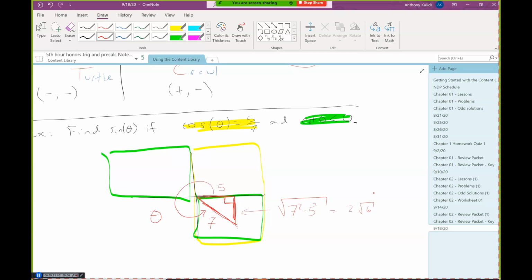I had 5 squared plus b squared equals 7 squared, and I subtracted the 5 squared over and square rooted. I just didn't show the work for that. But because we're in the fourth quadrant, I know that this needs to be negative, right?